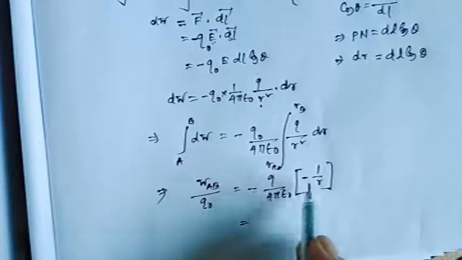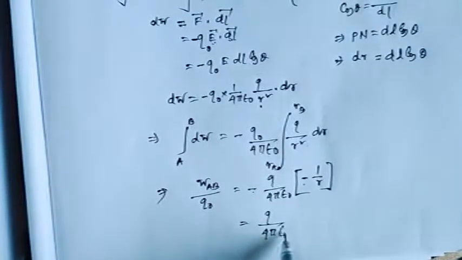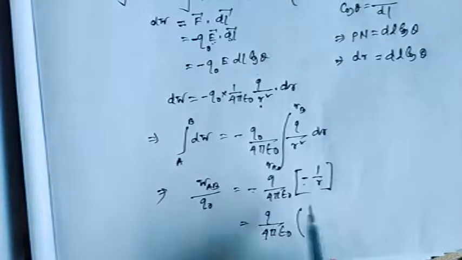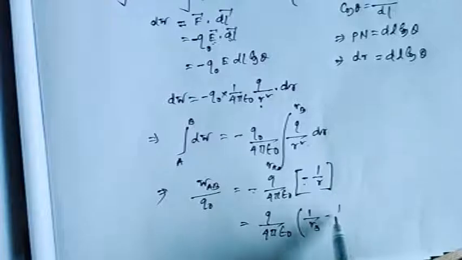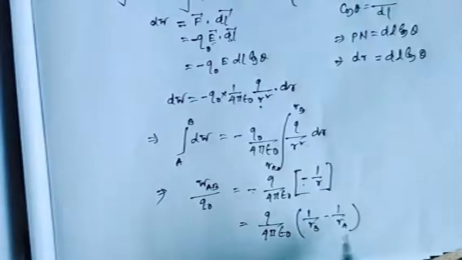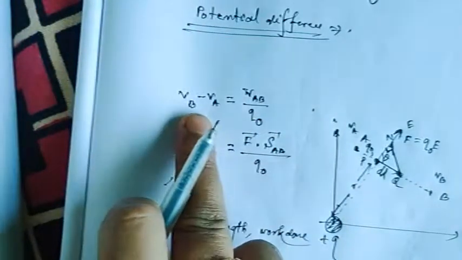Now this minus and this minus will be positive, therefore it will be q by 4 pi epsilon naught within bracket the upper limit means 1 by RB minus 1 by RA. This is WAB by q naught, and this WAB by q naught is also written as VB minus VA, means the potential difference.